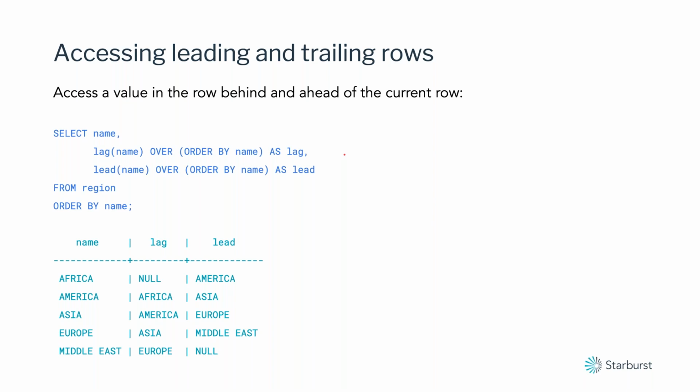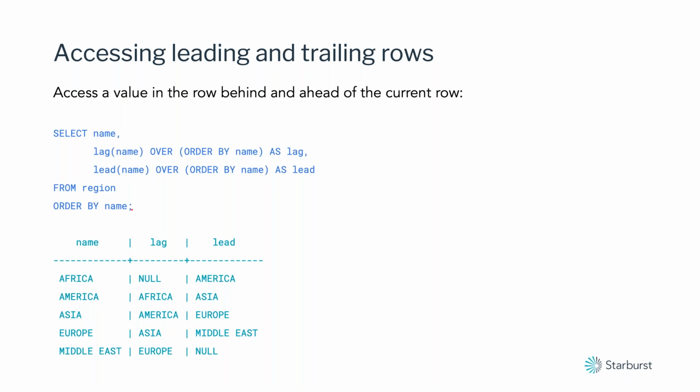Window functions are powerful because they let you look at a window function is evaluated for each row, and they let you look at the rows within the output of the query. And so for each row, you can look at values ahead or behind of the current row.